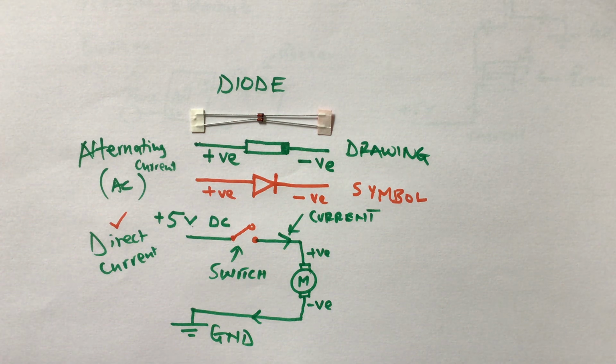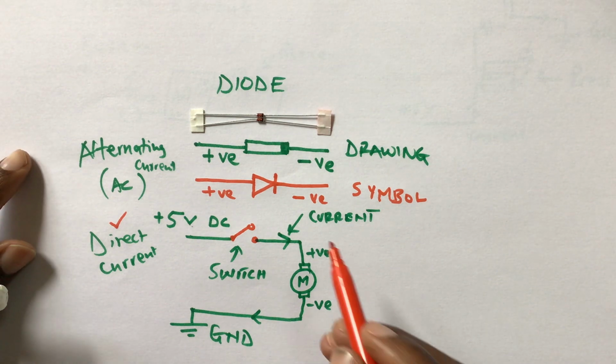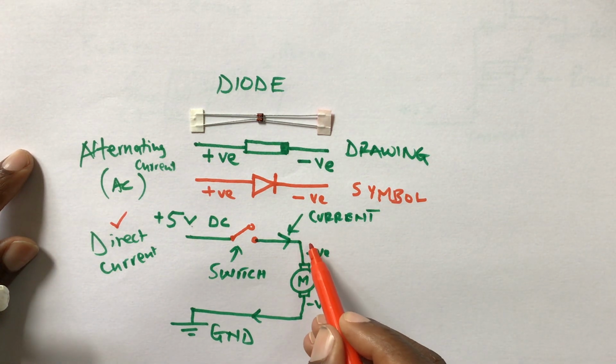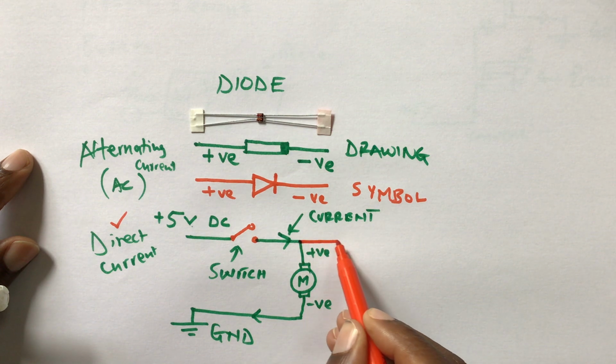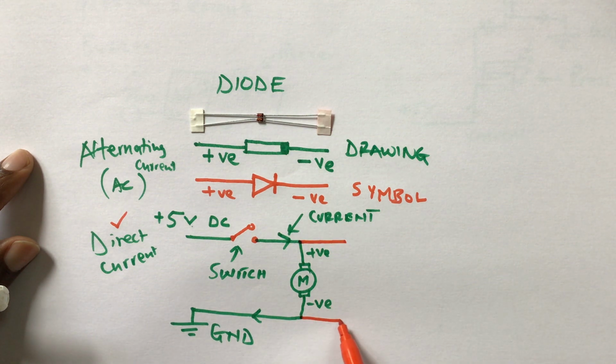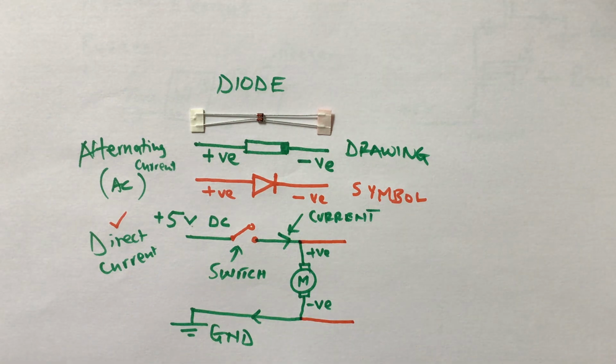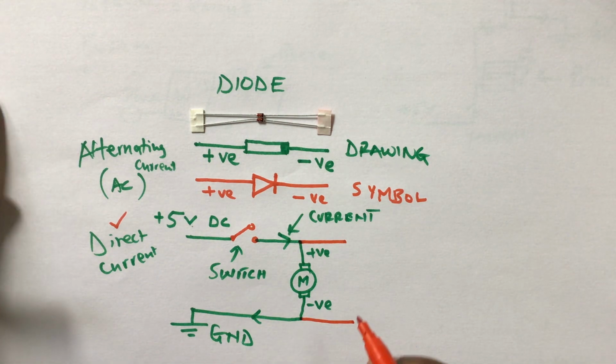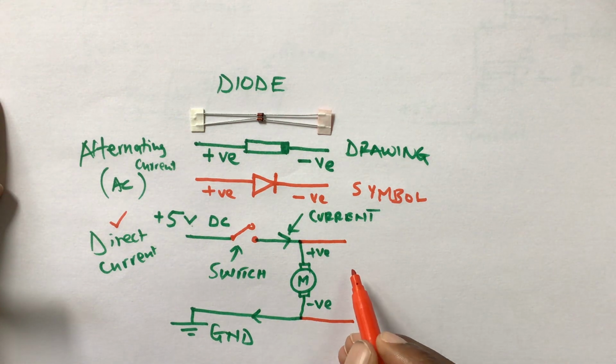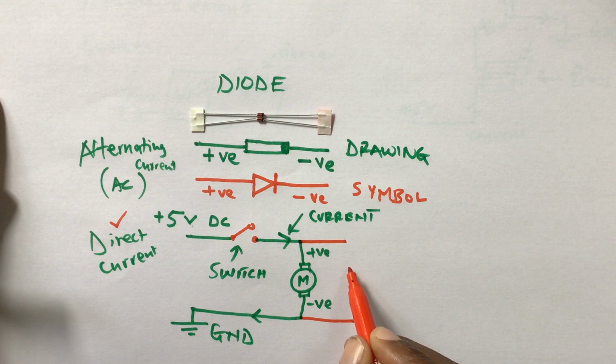You will introduce the diode by connecting it in a reverse order, meaning the diode will be connected across the sides of your motor, and the negative side of your diode, that is the side having the bar, will be connected to the positive side of your motor.